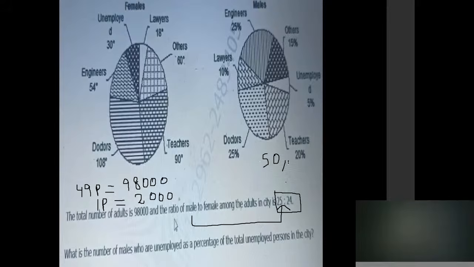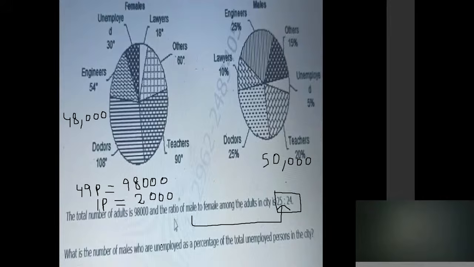Next, females means 24 parts, which is equal to 48,000. So total number of males and females is 98,000. In that, females are 48,000 and males are 50,000. So this is the first calculation for this sum.